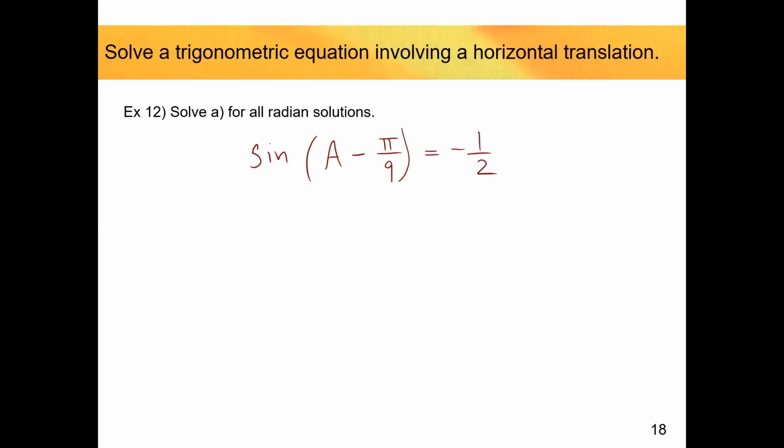Your angle measurements, let's see, it's a -1/2. It should end up in quadrants 3 and 4, right? When you guys do it.